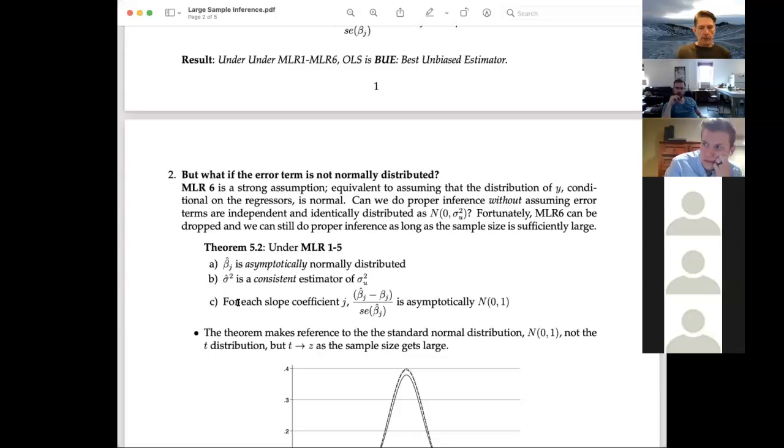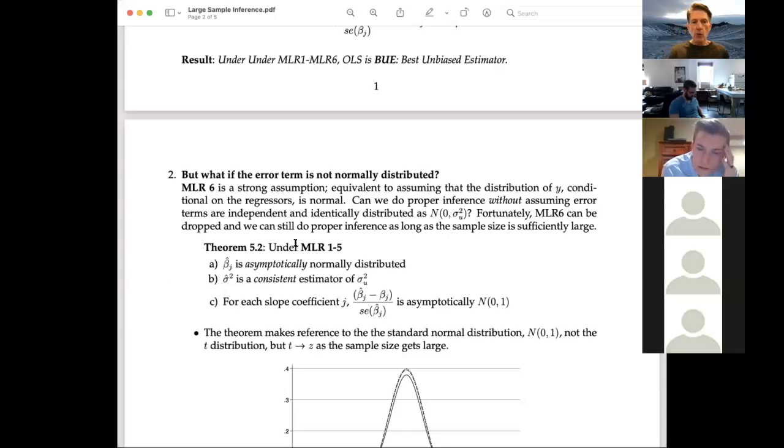So if your sample size numbers in the 100s, you can clearly say, yeah, I can draw on these results. If it numbers in the 10s, that's a problem, unless your departure from normality is very small.